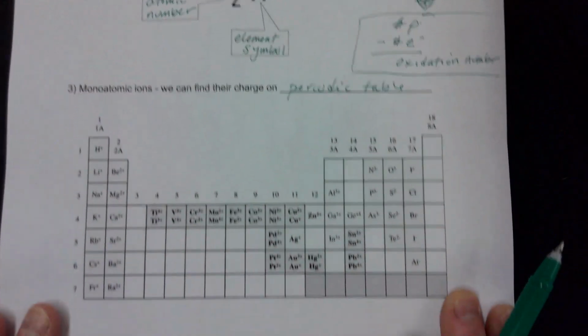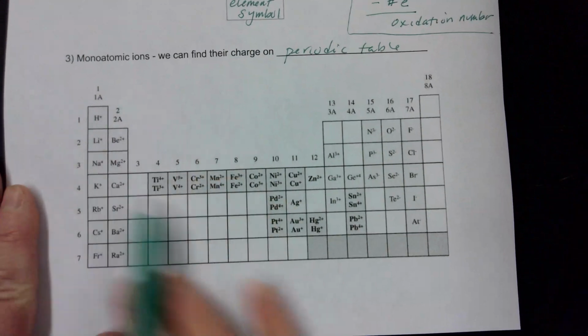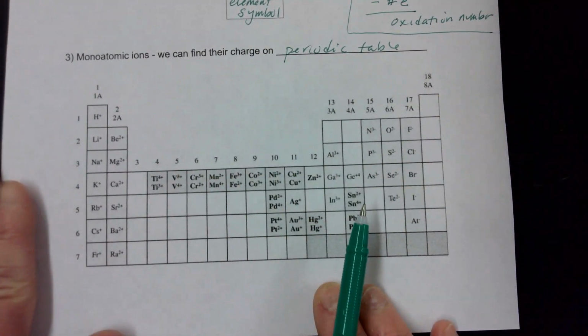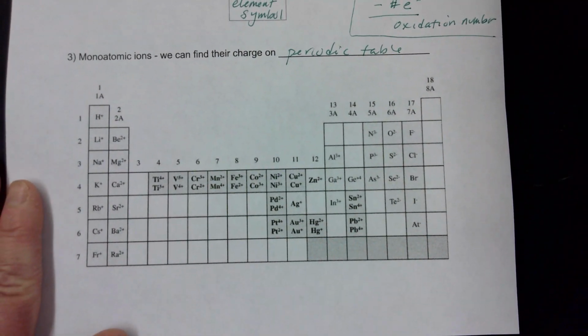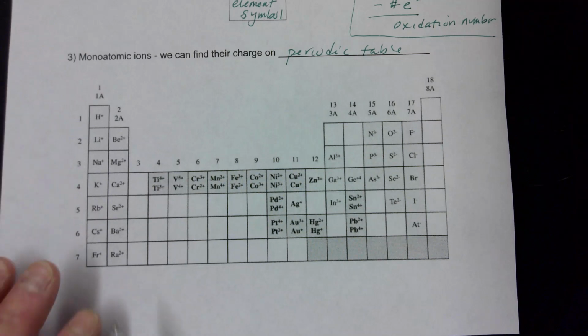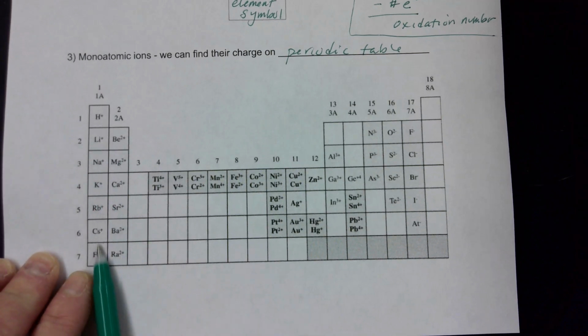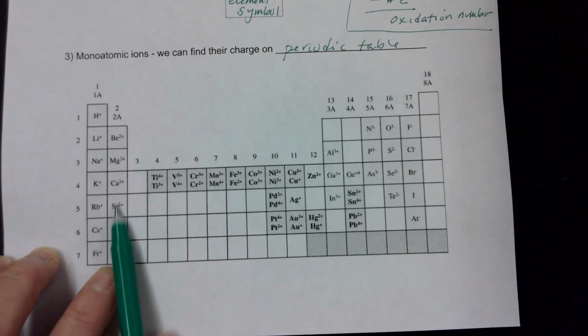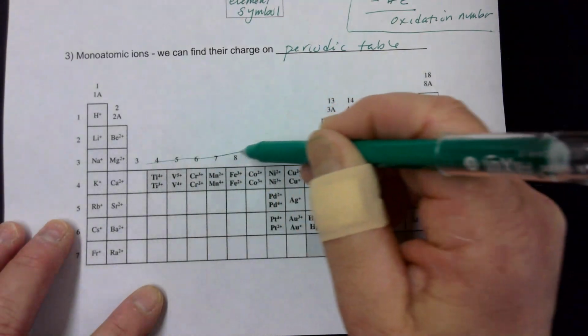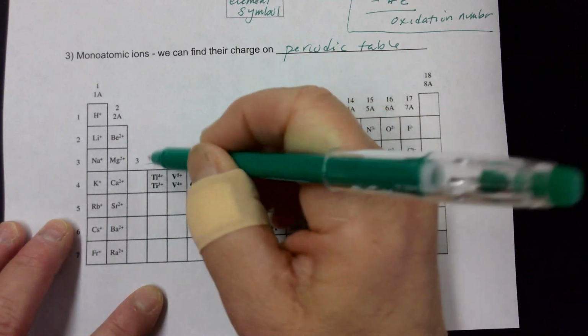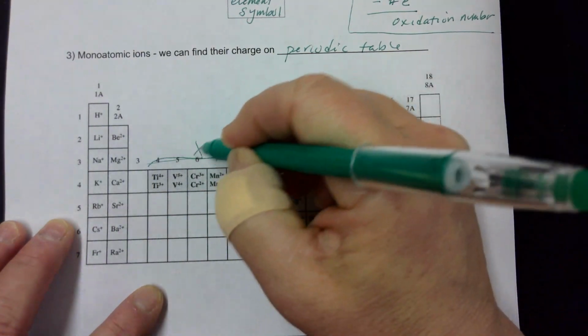Okay, so this table right here is sort of even a more selected version of what we just saw in your reference tables. So we know that group 1 ions form a +1 ion, group 2 ions form a +2 ion. These are what we call the transition metals. Let's do this, the transition.